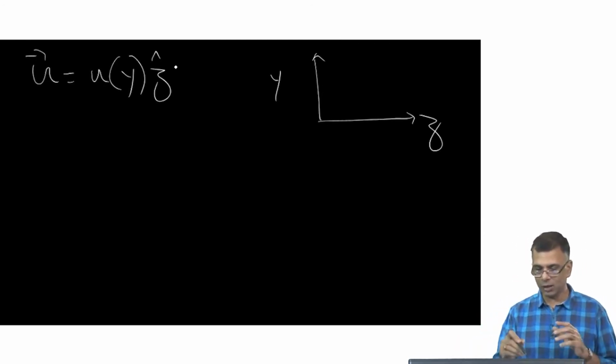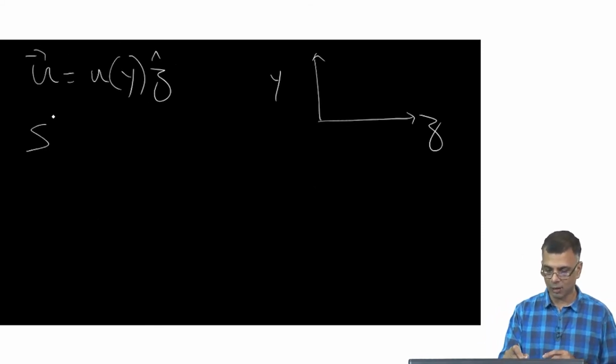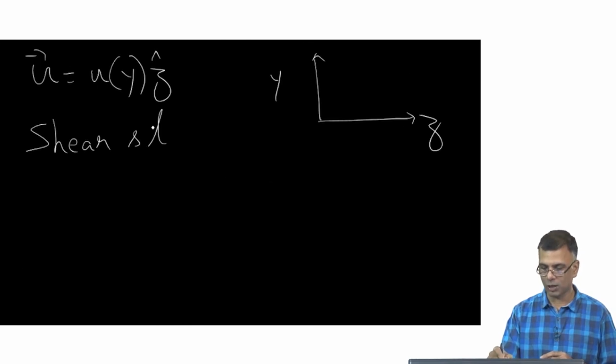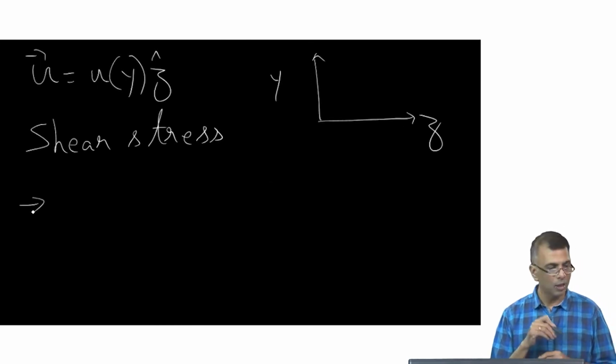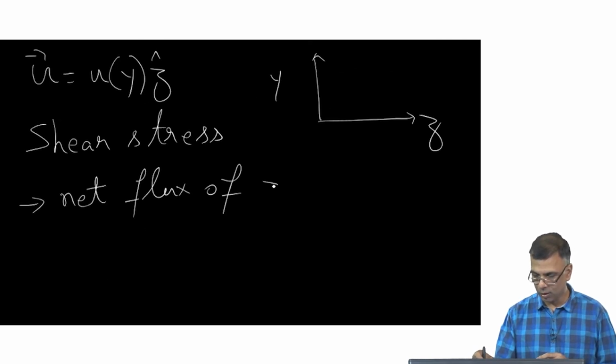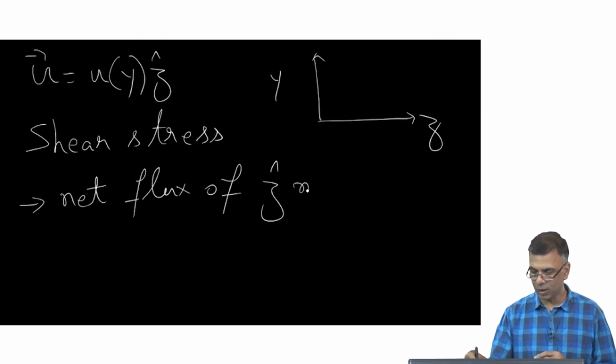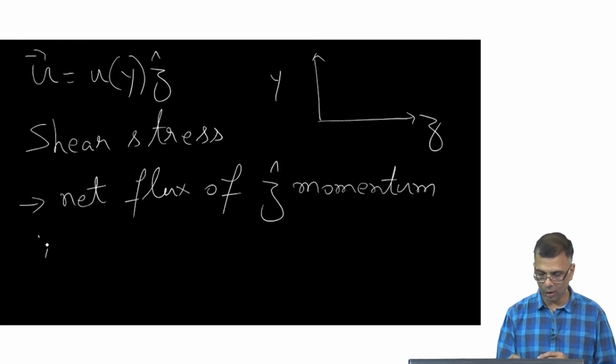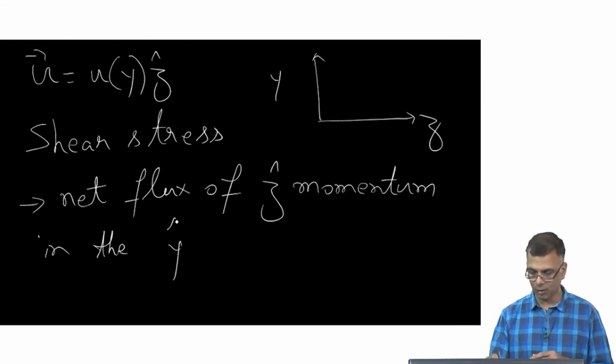So the shear stress from which viscosity is derived, remember, is nothing but the net flux of z directed momentum in the y direction.